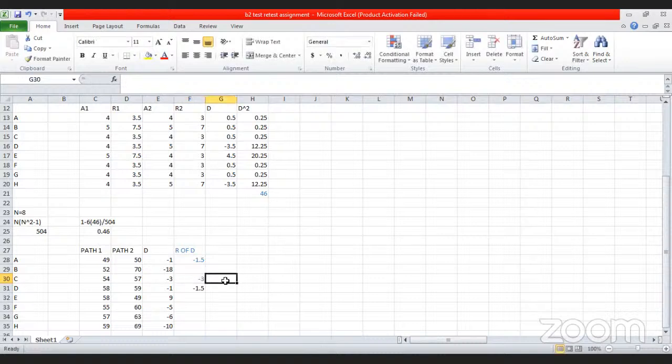Now, what is the next? 5. 5 is there once, so it will be just 4. 6 is there once, so it will be just 5, the 5th position.